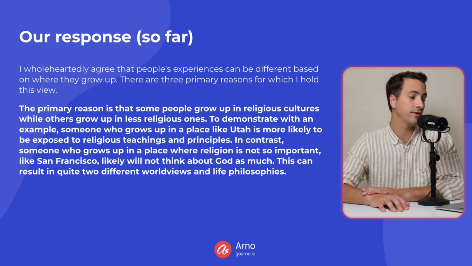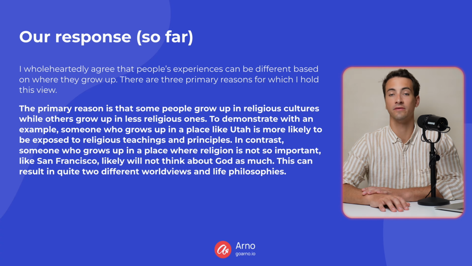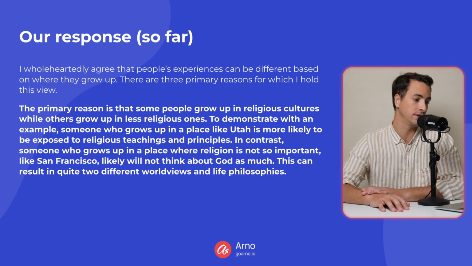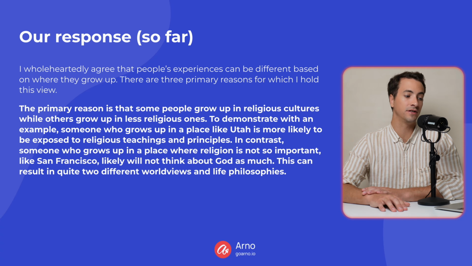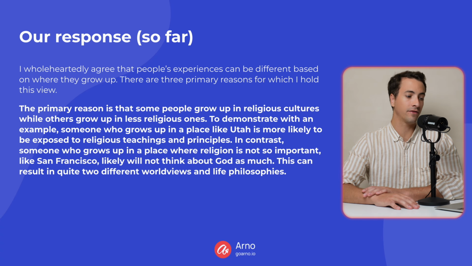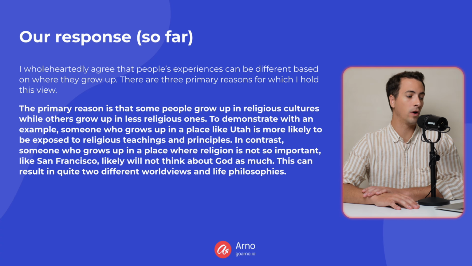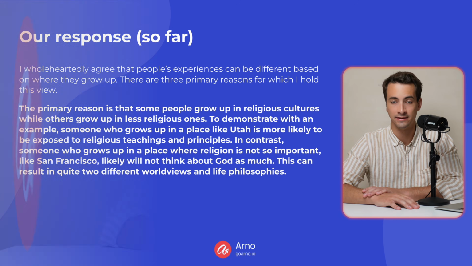To demonstrate with an example, someone who grows up in a place like Utah is more likely to be exposed to religious teachings and principles. In contrast, someone who grows up in a place where religion is not so important, like San Francisco, likely will not think about God as much. This can result in quite two different worldviews and life philosophies.